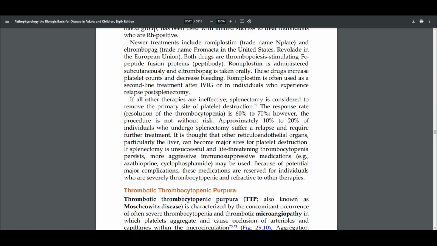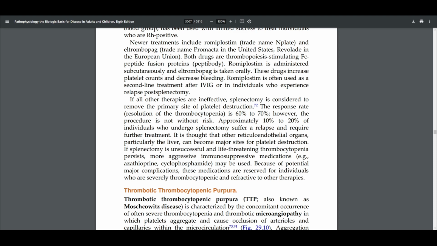Both drugs are thrombopoiesis-stimulating Fc peptide fusion proteins. Romiplostim is administered subcutaneously, and eltrombopag is taken orally. These drugs increase platelet counts and decrease bleeding. Romiplostim is often used as a second-line treatment after IVIG or in individuals who experience relapse post-splenectomy.